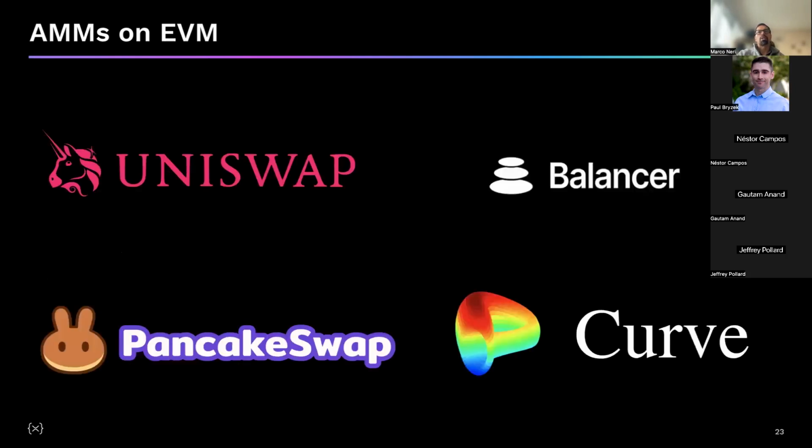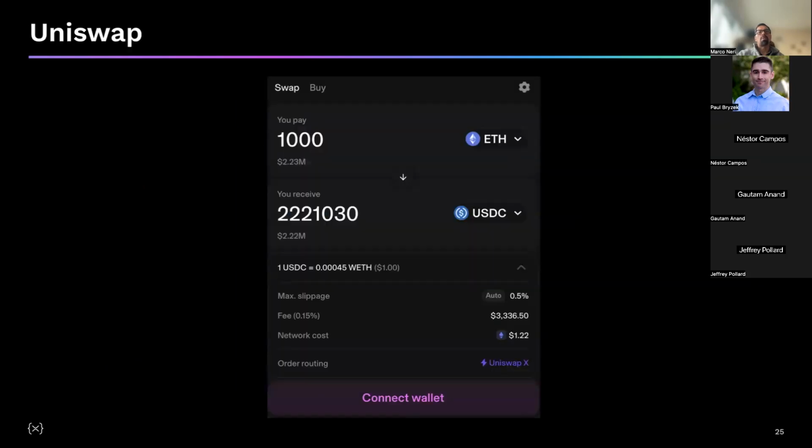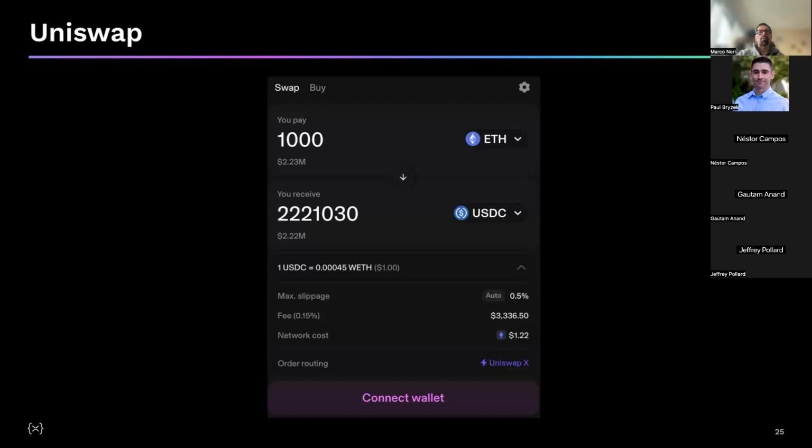These are, in general, some examples of AMMs that have become famous for one reason or the other. But in general, with Balancer or Uniswap, the important thing is that it's very simple, right? So instead of that experience of the central limit order book, you have something really simple.